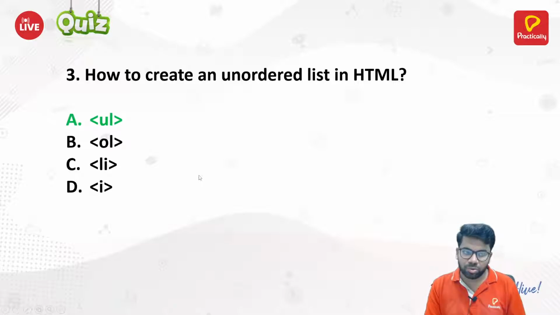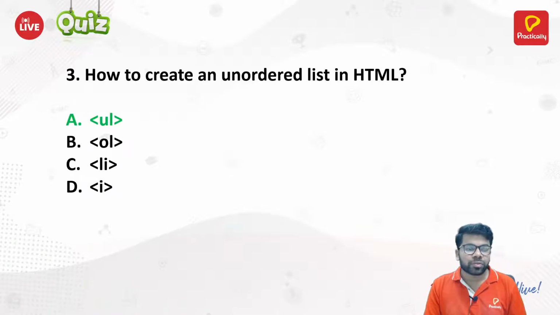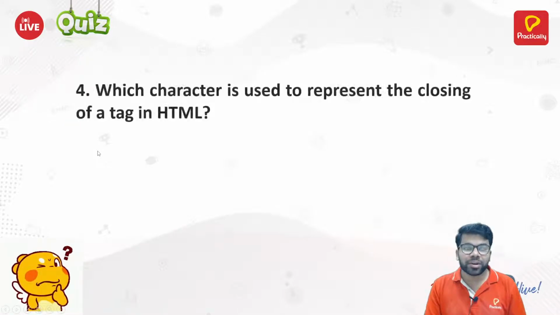Now, which character is used to represent the closing tag of an HTML element? Whenever we write an opening tag, we have to close that tag also. The options are backward slash, not equal to, forward slash, or dot.